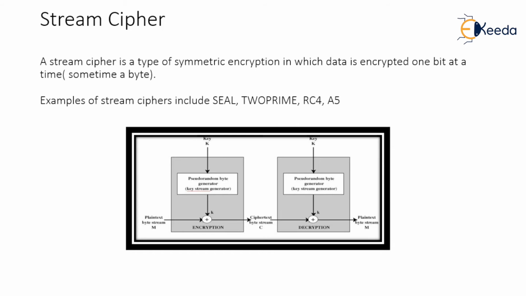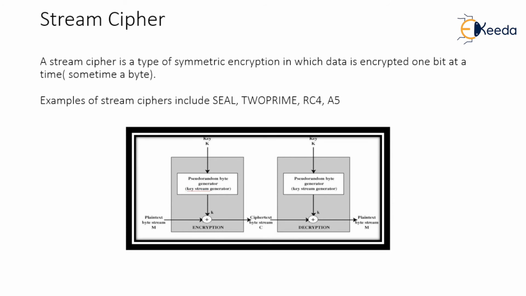For the encryption of every single bit, the stream cipher takes the help of the pseudo random key generator algorithm to generate random number keys for the conversion of bit by bit plain text into the ciphertext.